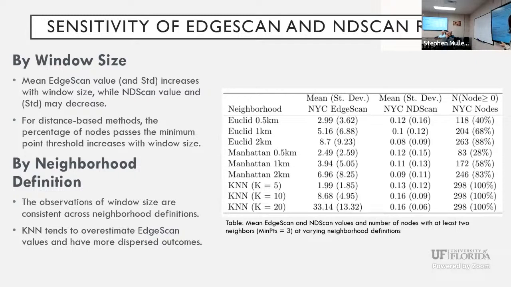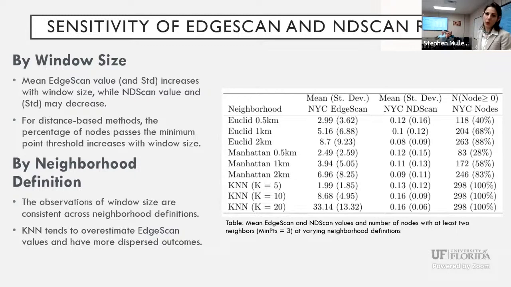If we're using Manhattan distance at 1 kilometer, a random place in our area would have about 4 edges, and the connectivity is about 0.01. Again, when we use the KNN, it's very generous and makes the network more connected. It tends to overestimate it.